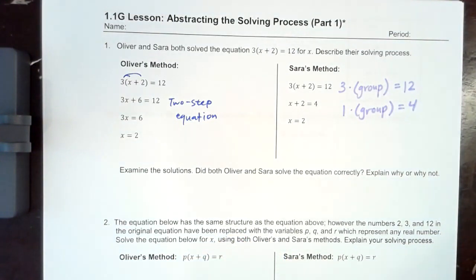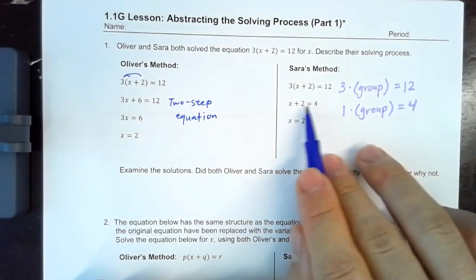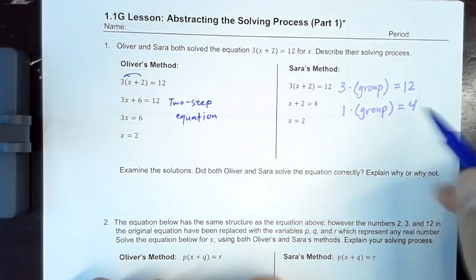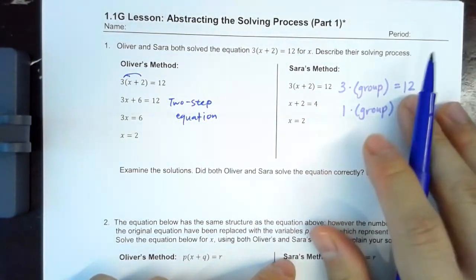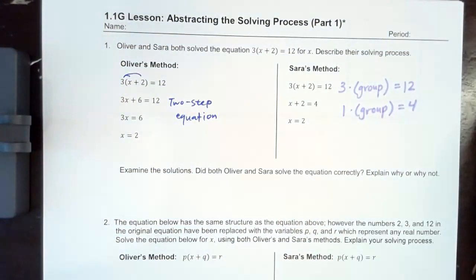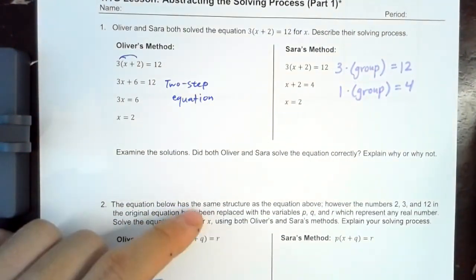You can see how this is x plus 2 equals 4, and Sarah divided away the 3 where Oliver distributed.